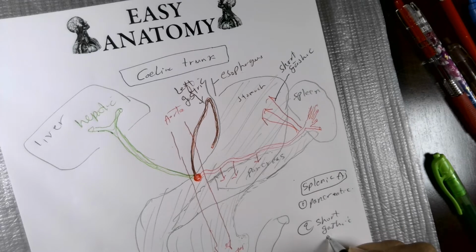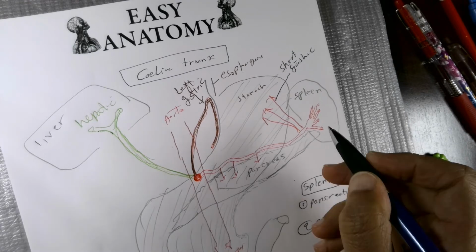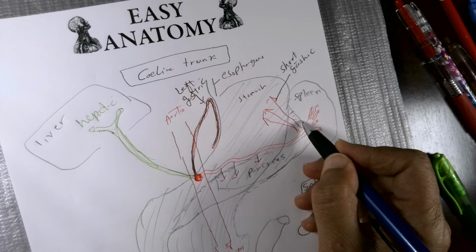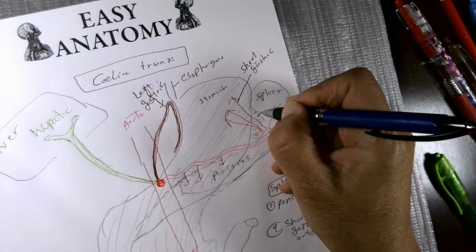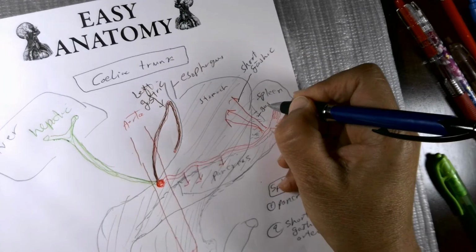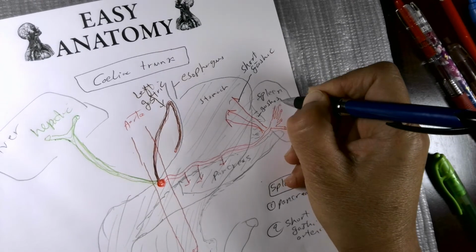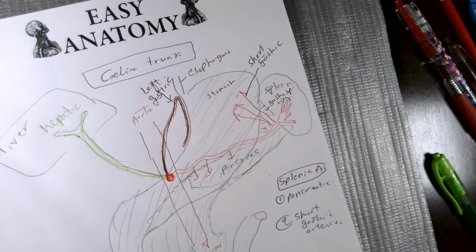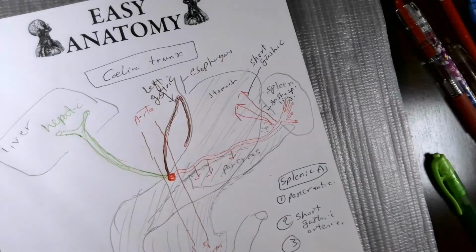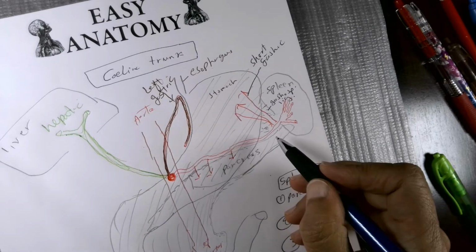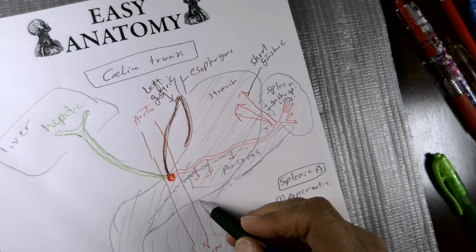The second, short gastric arteries, and they are going through the gastrosplenic ligament. There is a ligament here called the gastrosplenic ligament. What other branches? There is another branch going to the greater curvature of the stomach.